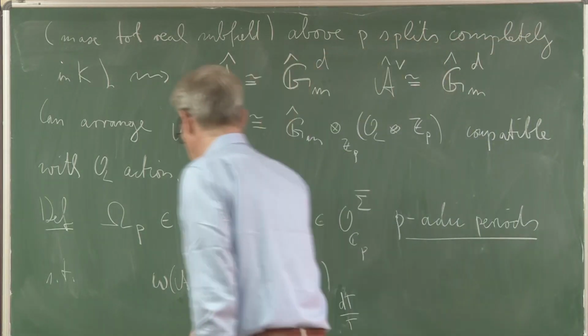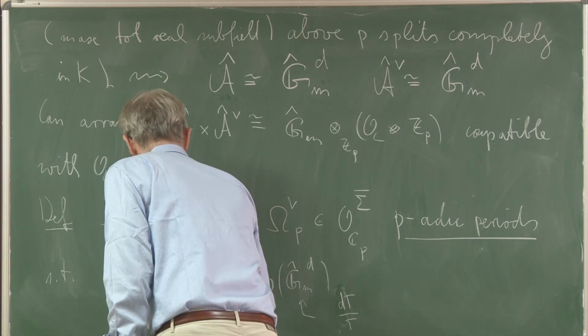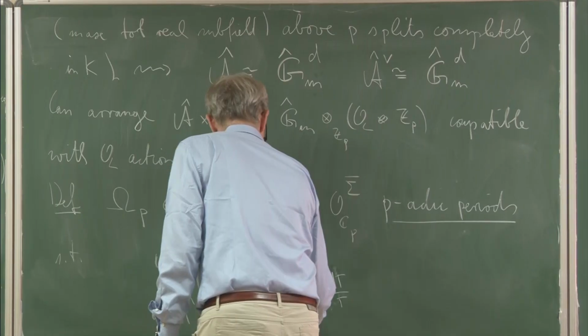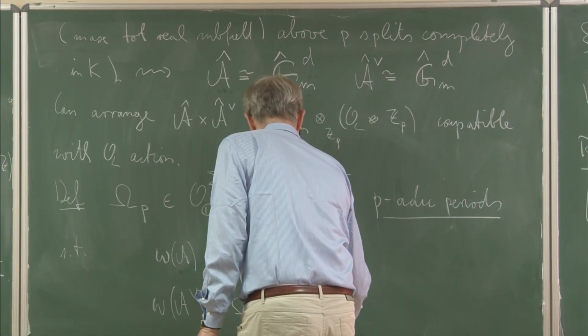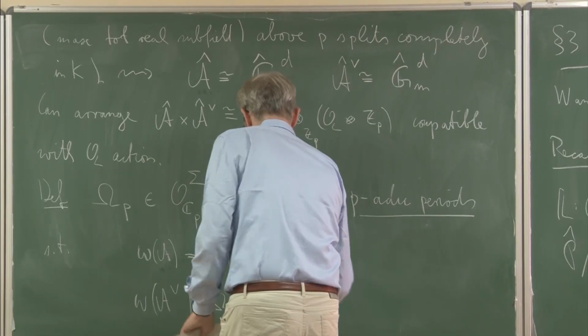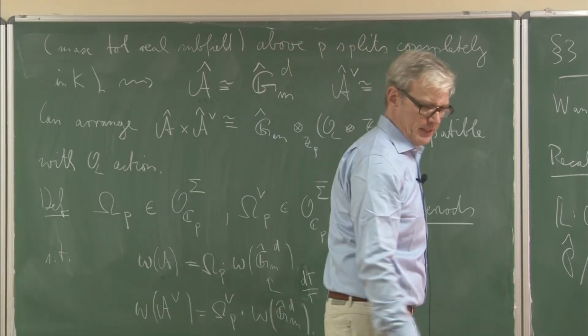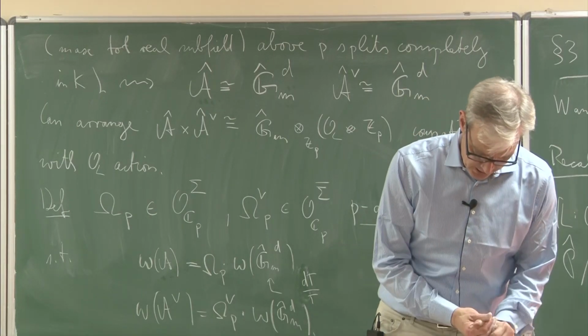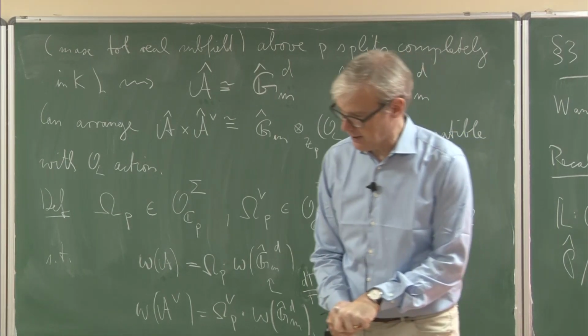And similarly for the dual abelian variety. Of course, you have to be a little bit careful here with these choices, but I don't want to go into this because that's now very technical.